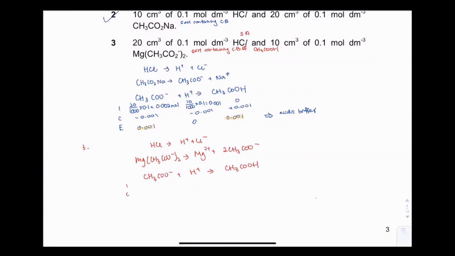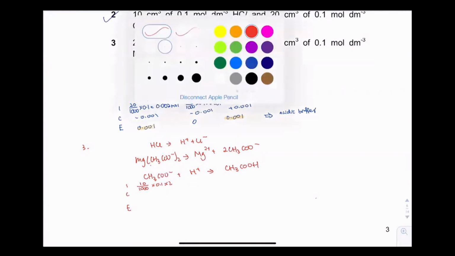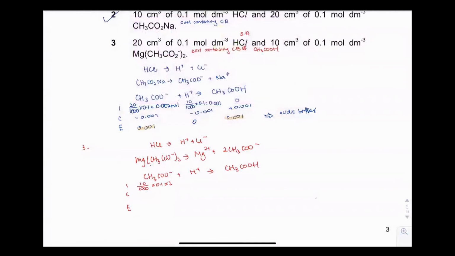So let me do the ICE table again. What is my amount of ethanoate ion? As per the question, it will be 10 over 1000 times 0.1 times 2. Why do I times 2? Because if you look over here, I have 10 over 1000 times 0.1 mole of magnesium ethanoate.